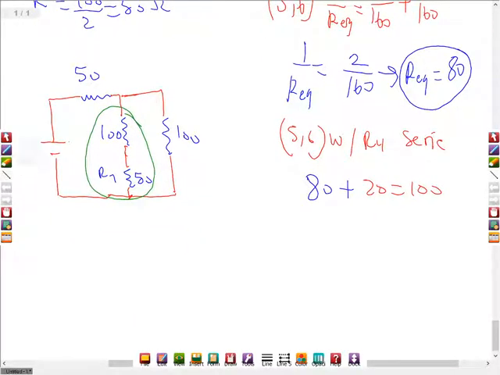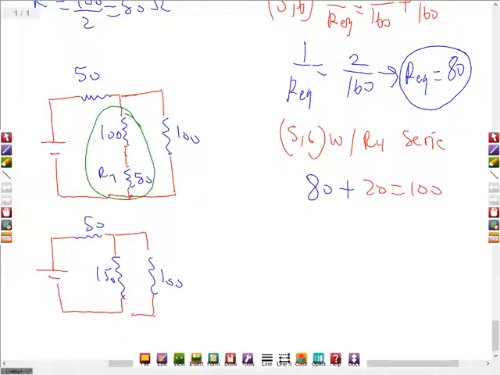Okay, then I'm gonna break it down. This is quick, you add them up in series. 150, 100, and this is 50. Now, these two in parallel: 1 over 150 plus 1 over 100.